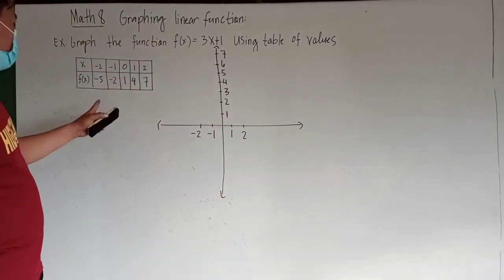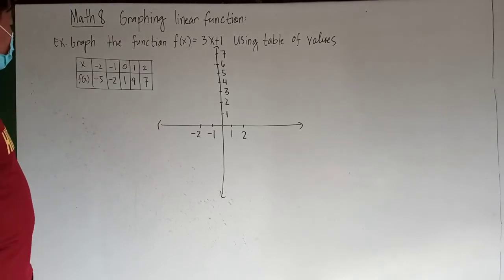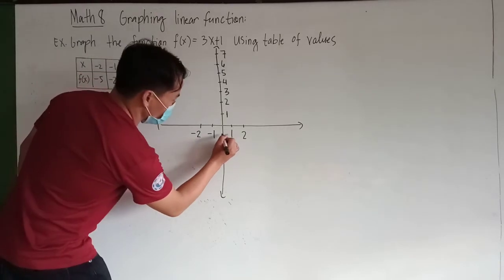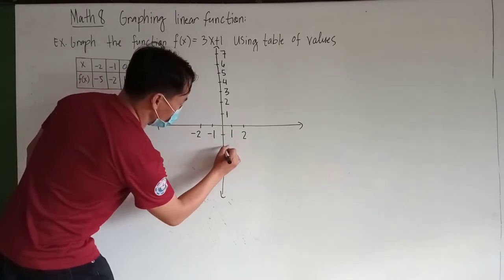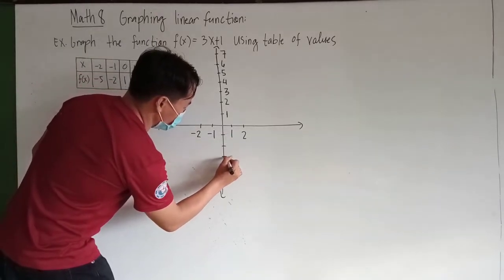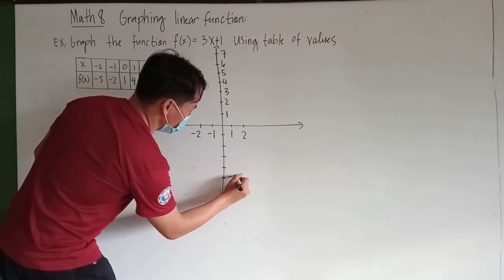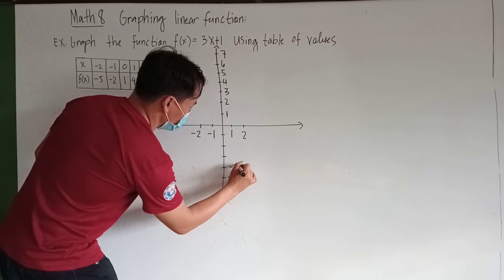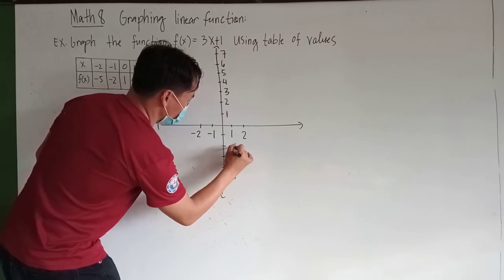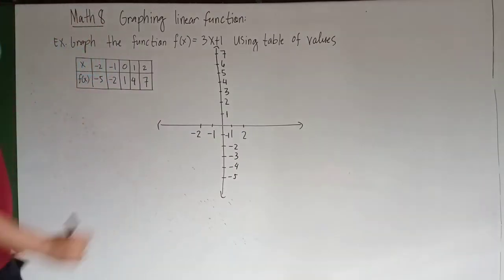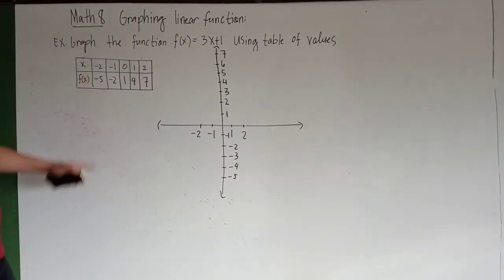Going downward, -5 is the lowest. So we have -1, -2, -3, -4, -5.